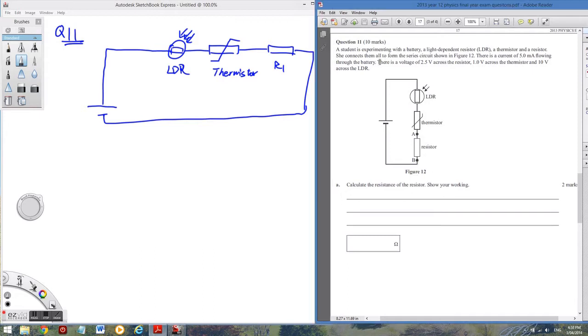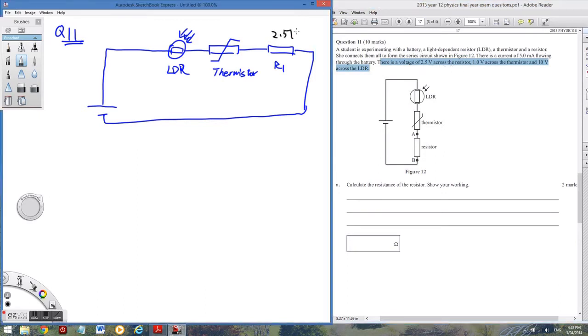So reading from the question, I know the voltage across the resistor will be 2.5 volts and 1 volt across the thermistor and 10 volts across the LDR, the light dependent resistor.